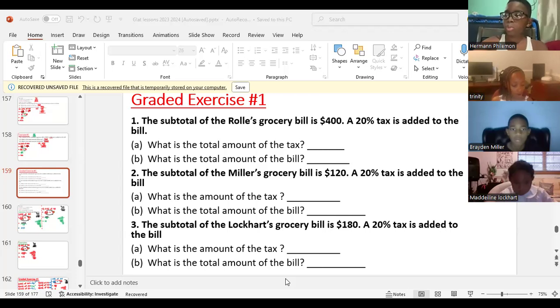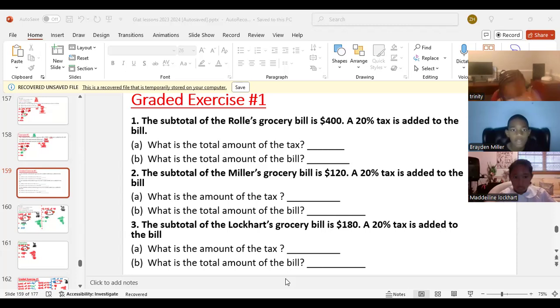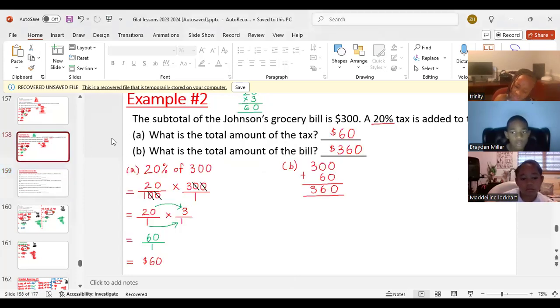Braden, do you see the example in the chat? Yes, sir. You can't click on it? No, sir. Interesting. Okay, let me show you from this example.